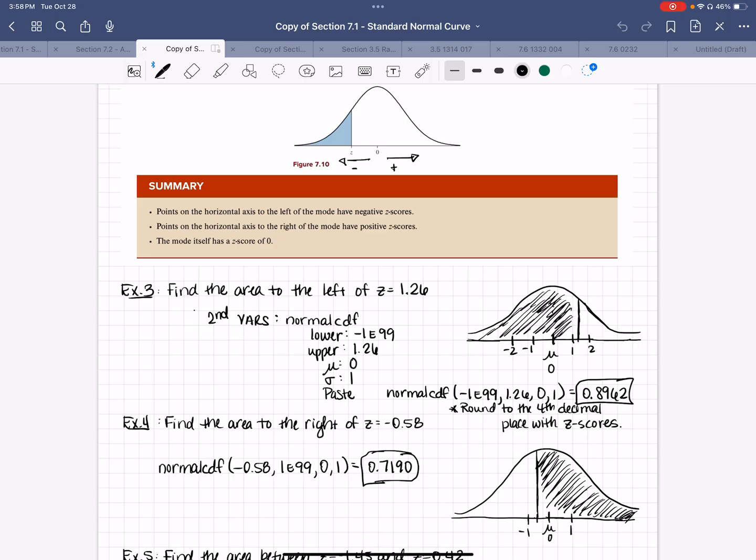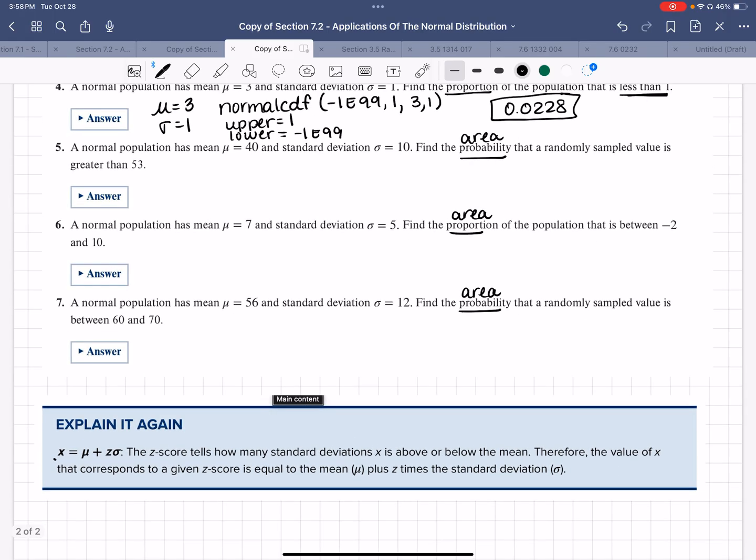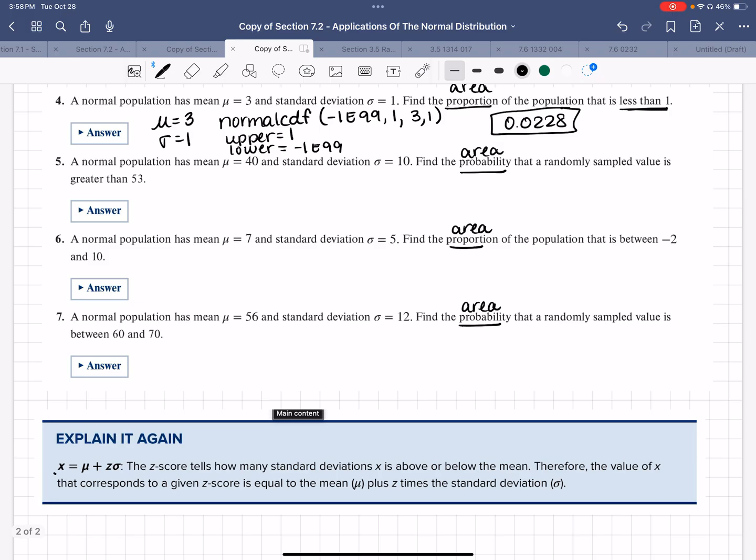Okay, let's practice another one. All right. So we've got a normal population, has a mean of 40. We've got a standard deviation of 10. We want to find the probability, which is the area that a randomly sampled value is greater than 53. So that means if I'm going greater than 53, that's my lower limit.